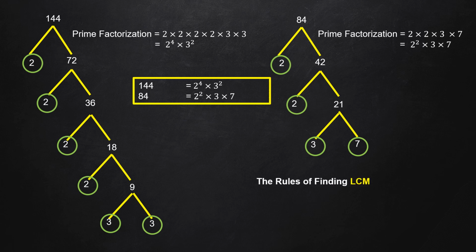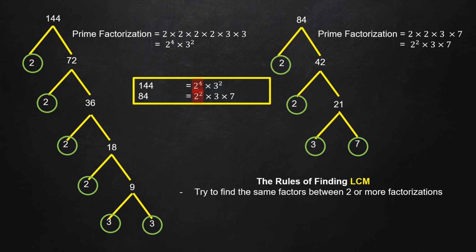And now, the rules of finding LCM using the factor tree or prime factorization. The first, you must compare all the factors there. Try to find the same factors between two or more factorizations. Just like this.